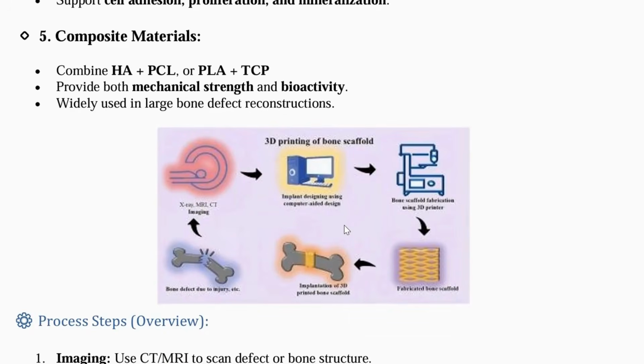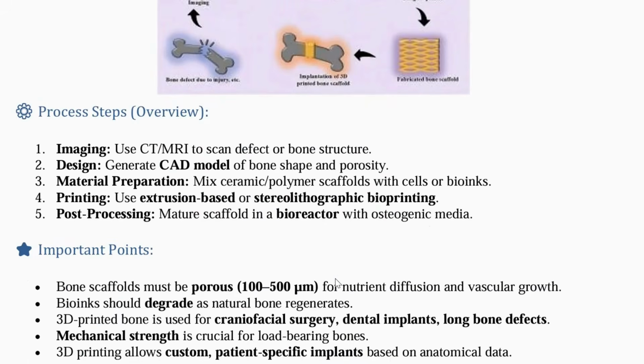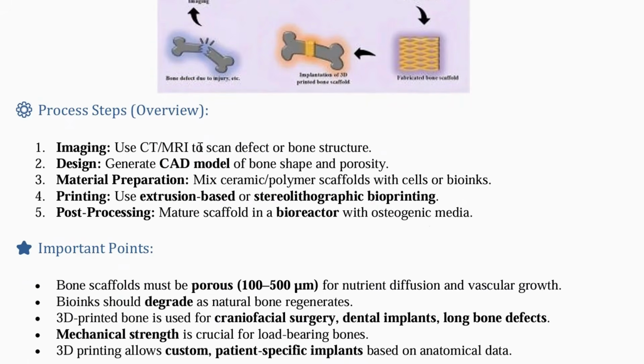So this is how X-ray of the broken one is taken, the image, then we process it in the CAD design, and finally fabricated bone scaffold, then we get the bone. That is, imaging uses CT or MRI to scan the defect or the bone structure.